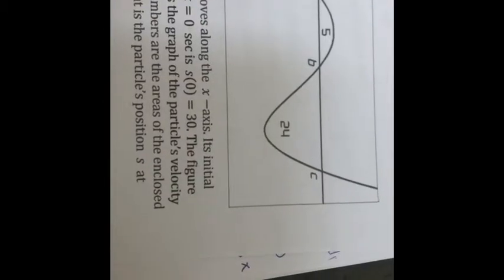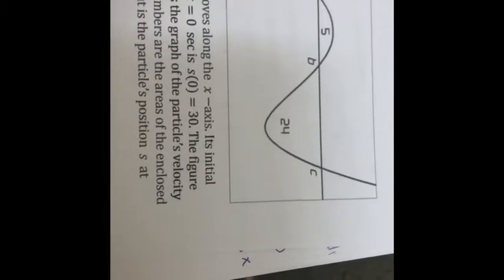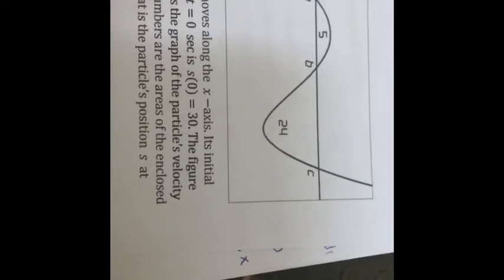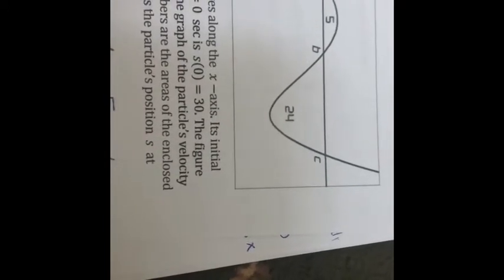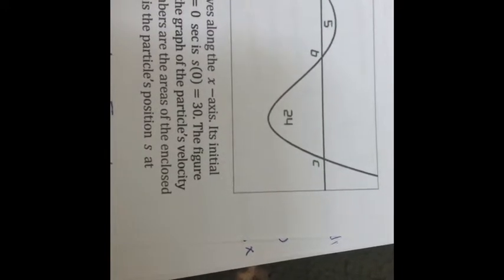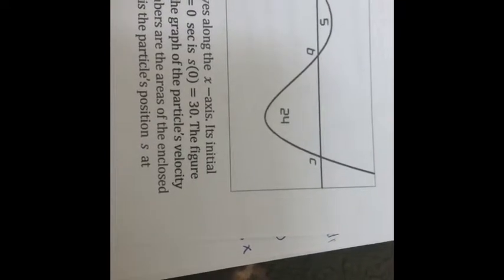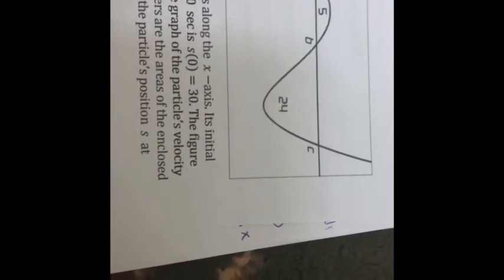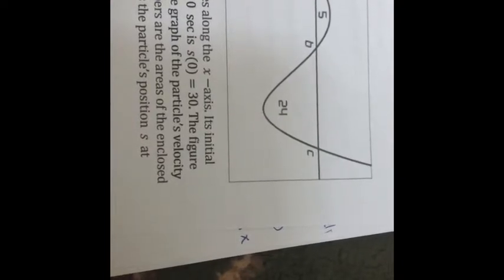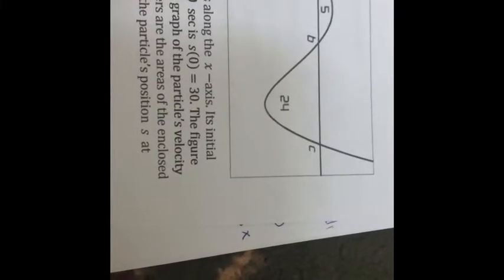I will solve the sixth question from the systematic quiz multiple choice, which is about net change and motion problems of acceleration, velocity, displacement, and distance. The question says a particle moves along the x-axis. Its initial position at t equals 0 is s(0) equals 30. The figure above shows the graph of the particle's velocity v(t). The numbers are the areas of the enclosed regions. What is the particle's position s at t equals c?